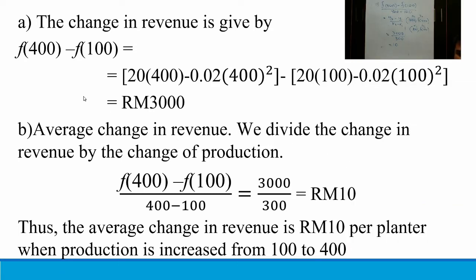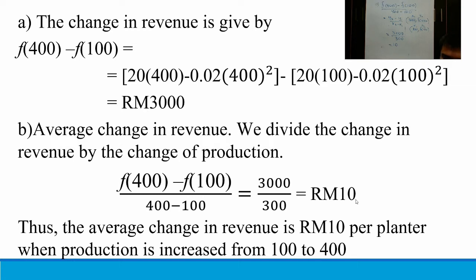I put that the revenue is RM 3,000, meaning if it is in ringgit; but if it is in dollars, you should change into dollars. For B, you will get RM 10.